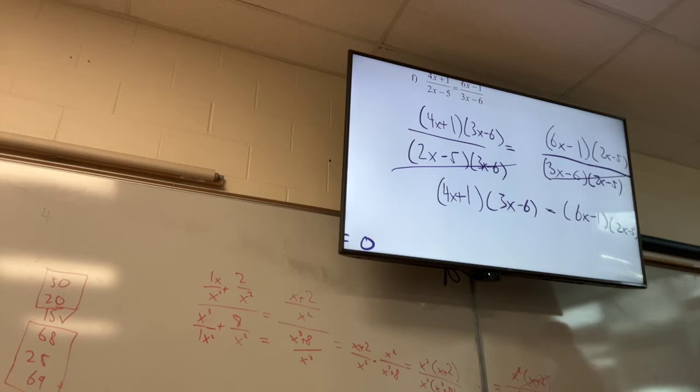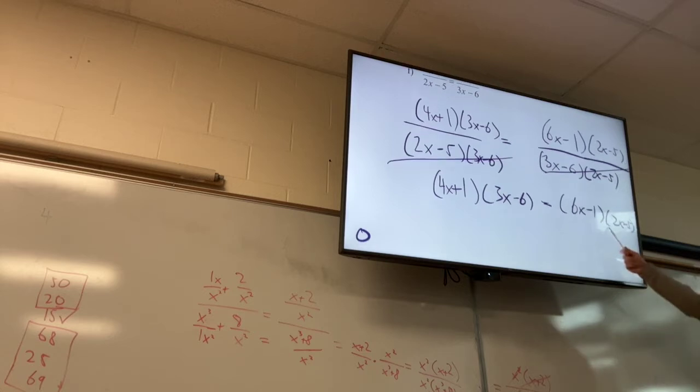How do I solve this equation? Got to distribute. I have to expand and then put it in standard form, right? So let's expand that out. This one is a little easy on you.